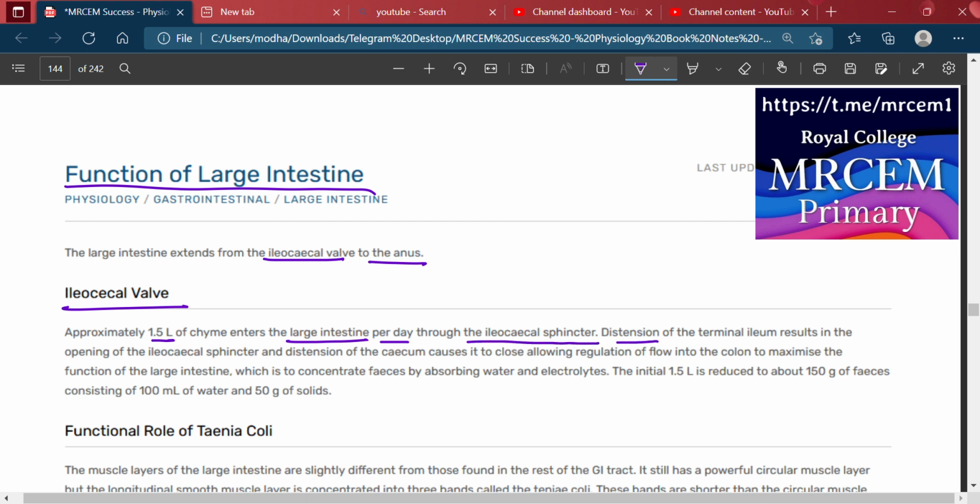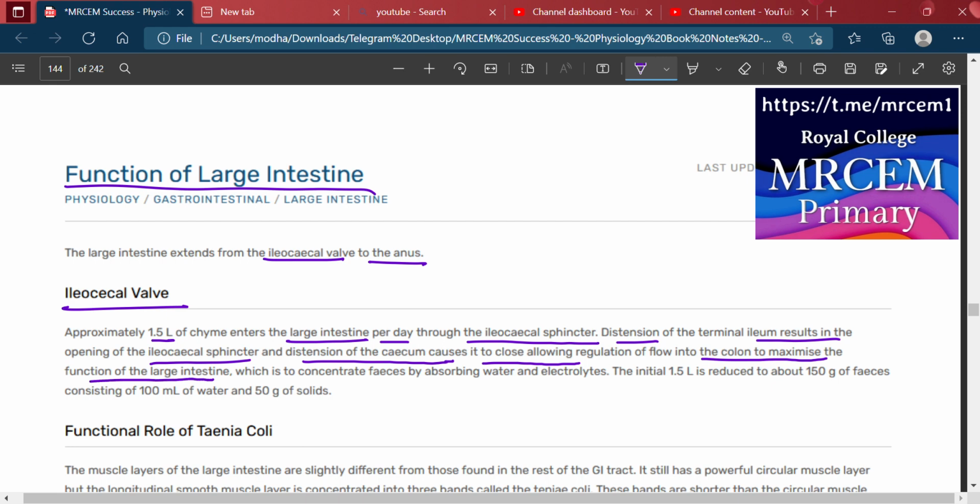Distension of the terminal ileum results in the opening of the ileocecal sphincter, and distension of the cecum causes it to close, allowing regulation of flow into the colon to maximize the function of the large intestine.